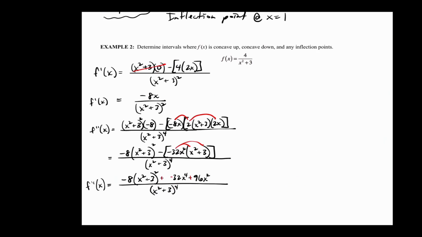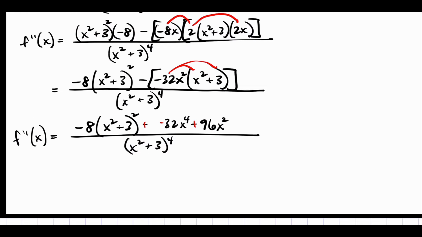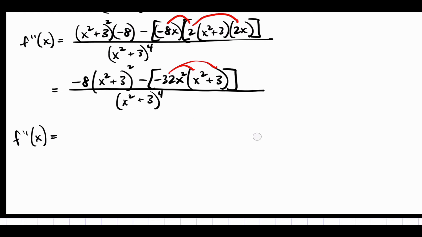I must have made a mistake somewhere along the way. So I'm going to go back to this step right here. I made a mistake somewhere, but I can't find it.